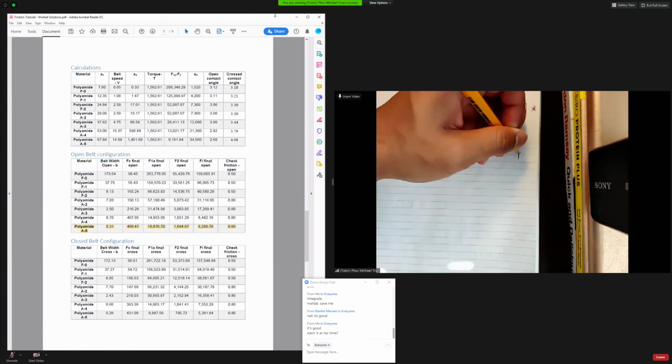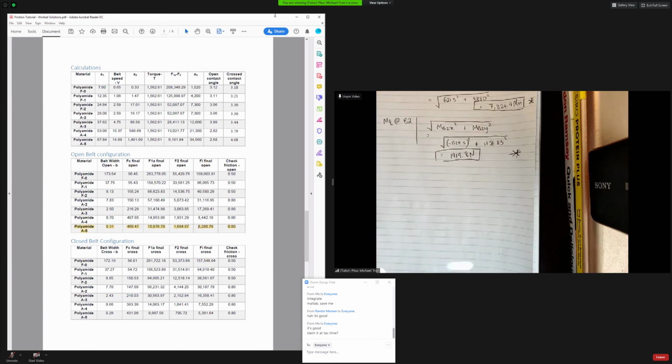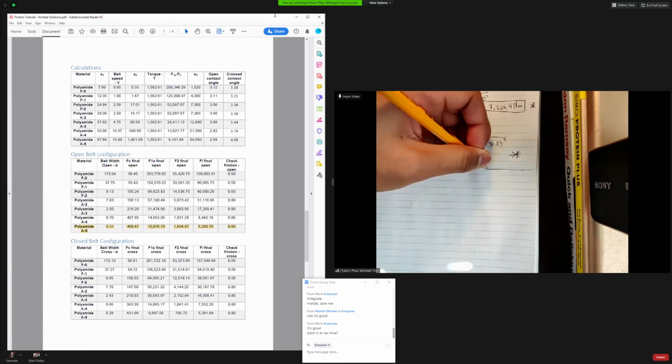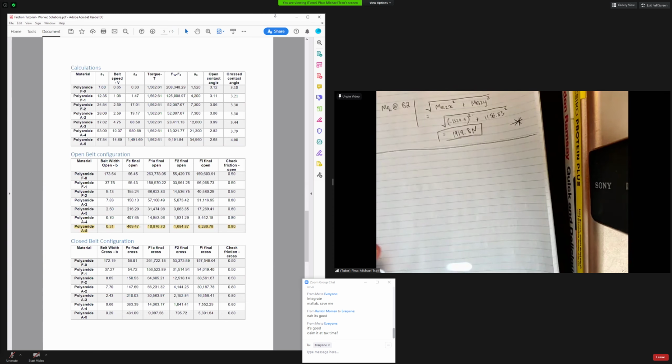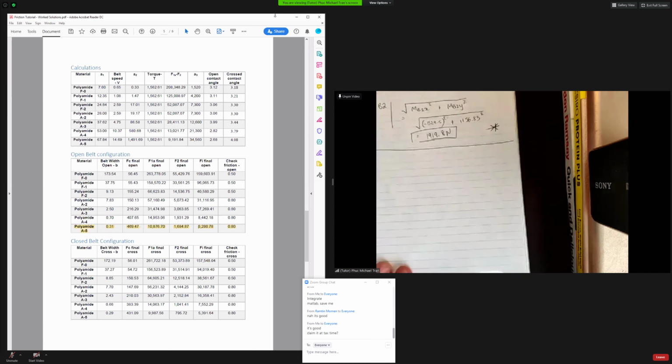So we have to do this in 2 steps. We have to find the minimum diameter at the bearing 2, and the minimum diameter at gears. And there's a couple processes for that. So we go back to our diameter equation. We find out what we do have and what we don't have. We figure it out.